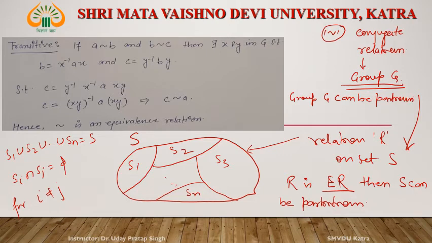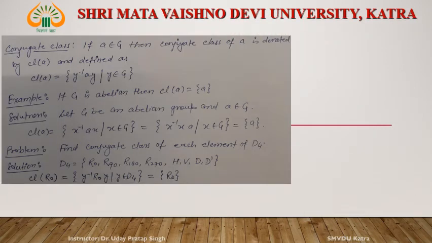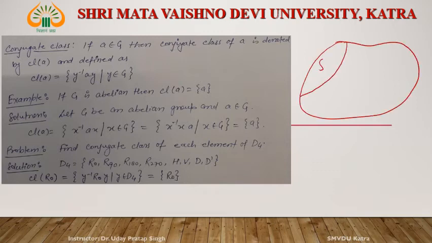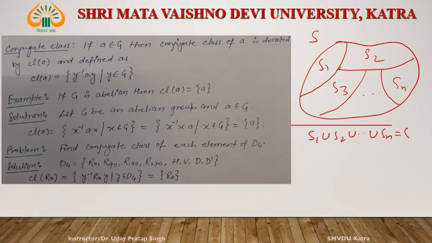See the following example of how this group G can be partitioned into conjugacy classes: S1, S2, S3, Sn. Then S1 union S2 union Sn is equal to S, and Si intersection Sj is equal to phi for i not equal to j. This is the partition.